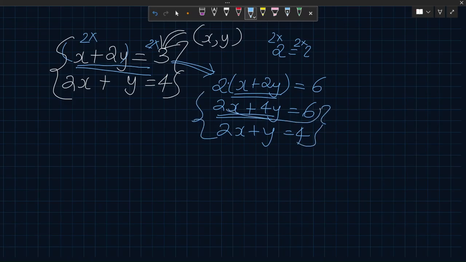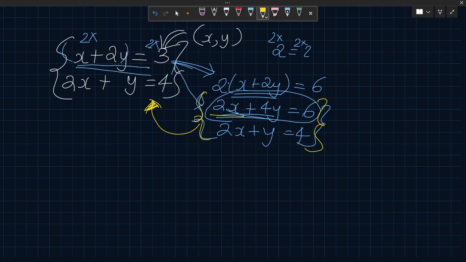This equation and this equation are the same thing. Here you are saying that x plus 2y is 3, and I'm saying 2x plus 4y is 6 is literally the same thing. So if I find a solution to this set of equations, I have found a solution to this set of equations. Now you might say, how has that solved the problem? I've just created another set of equations from a set of equations.